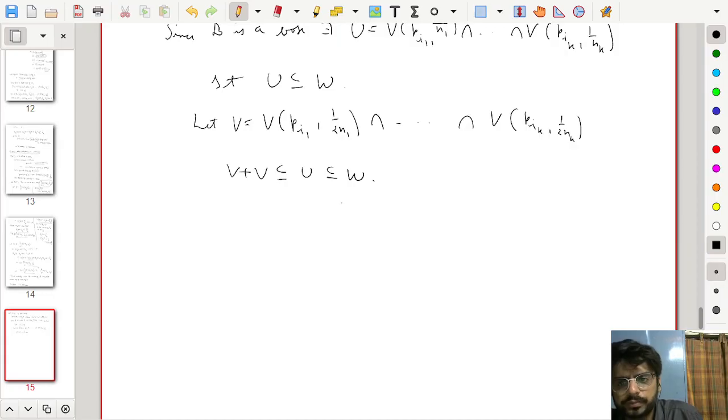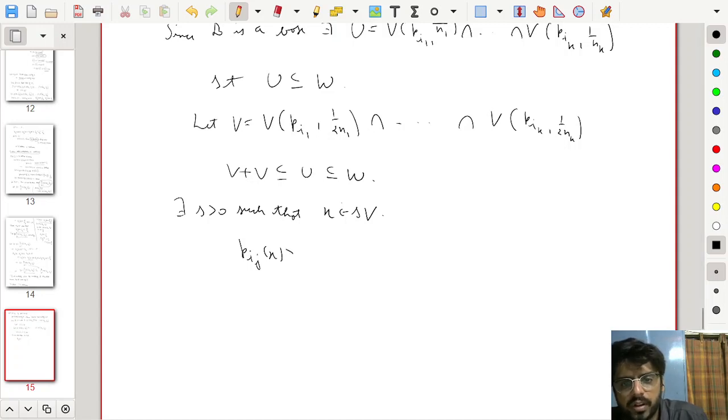Now it's easy to see that V is absorbing. We have to show there exists some s positive such that x belongs to s times V. So how do we do this? Consider p_ij of x.